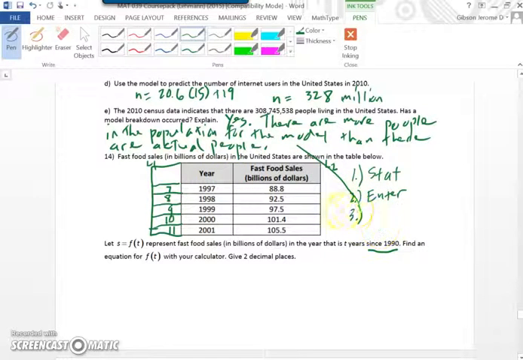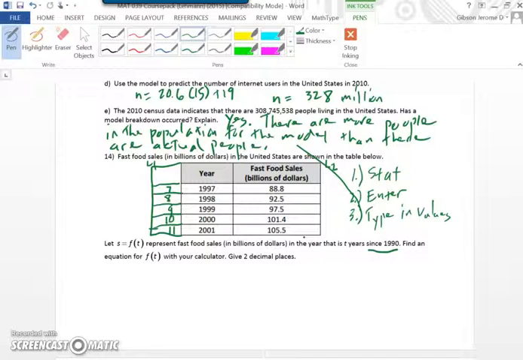Now the third thing you would do is type in the values. You have 7, 8, 9, and you have to press enter after each value. So you have 7, 8, 9, 10, and 11. Then you press your right arrow after you press enter with 11.